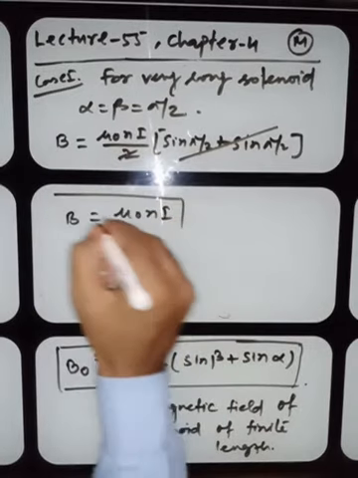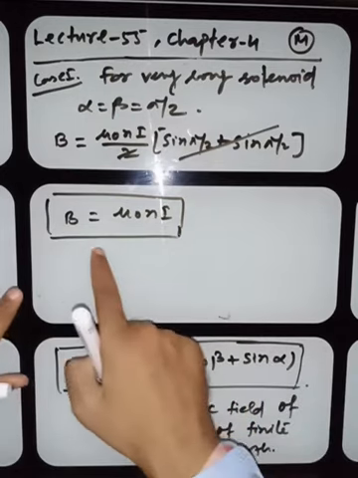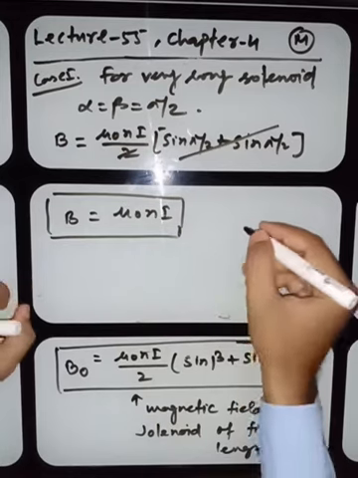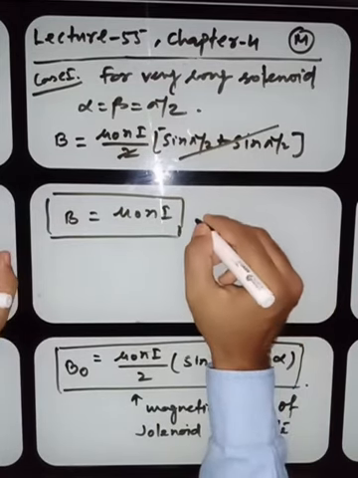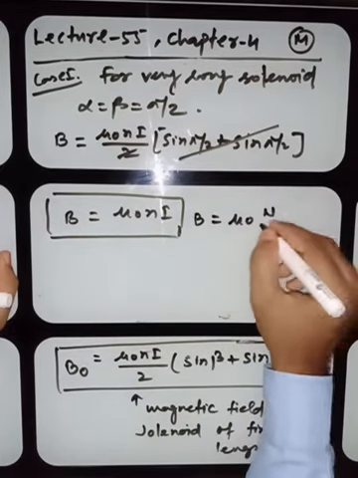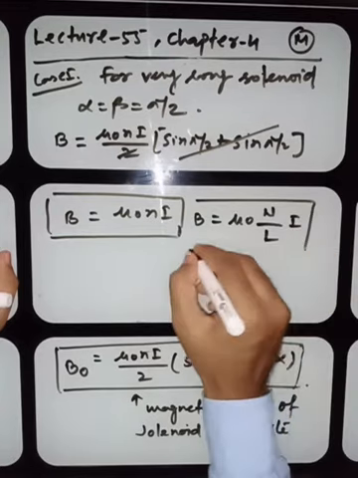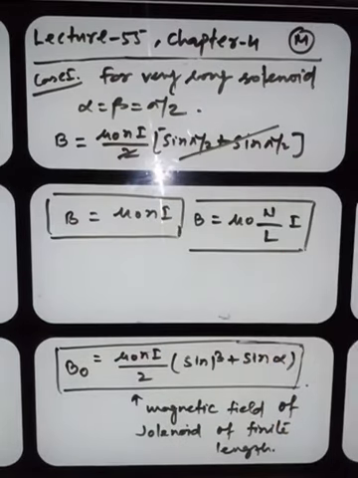This is the magnetic field due to a solenoid. Remember, which type of solenoid? A very long solenoid, that is, infinitely long. Remember students, this equation can also be written as B equals mu naught n I, where n is the number of turns per unit length. If you are given the number of turns per unit length, then you can use this formula.